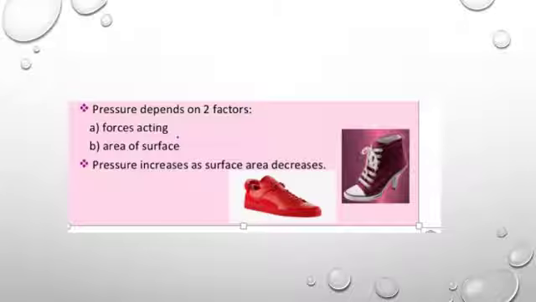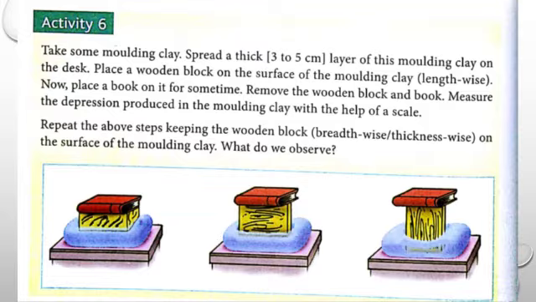This can be shown by the activity given in your book, that is activity 6. In this activity, some molding clay is taken and spread on a desk, and then a wooden block is placed lengthwise on the surface of the molding clay, and then a book is placed on it for some time.